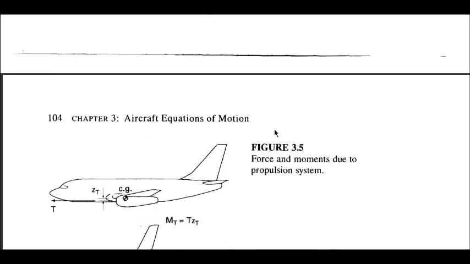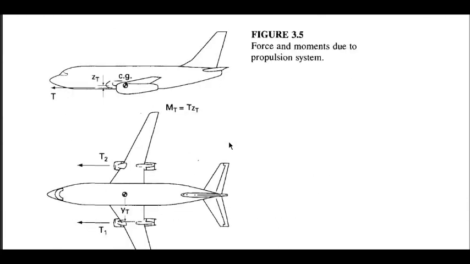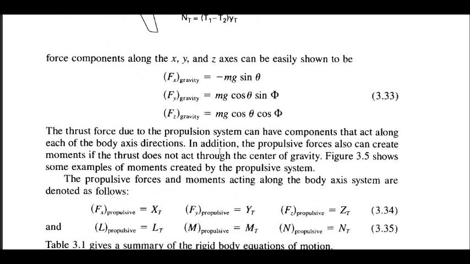That confirms this is mg cosine phi, not this one, but this one. So this ZB will be mg cosine theta cosine phi, and this one is mg cosine theta. There are so many angles, but you get what I mean.